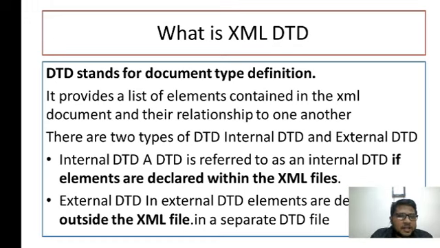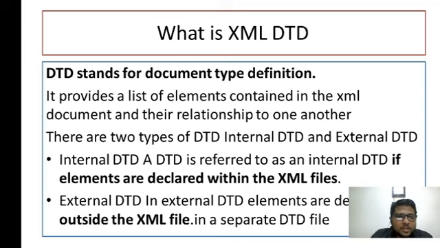The DTD contains the list of elements, meaning whatever XML elements I am using in the document, all the data is stored in the DTD, along with their relationship to one another. I will show you a DTD I have already created, then you will understand. First you have to remember that a DTD has a list of elements, and those elements should be there in the XML code. That is the main thing.